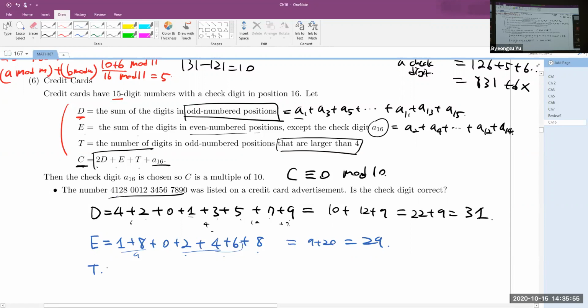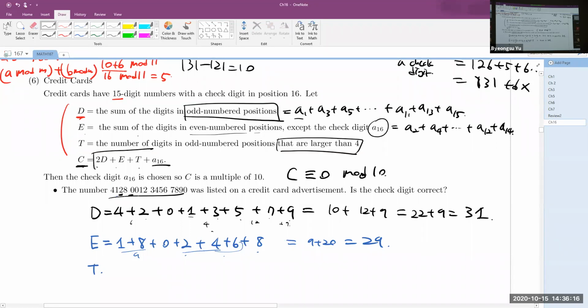And to get the T, you can just count how many numbers in the odd number position are greater than 4. So first one is 4, which is definitely just same but not greater, so it is not counted. And second candidate is 2, so it is not counted.